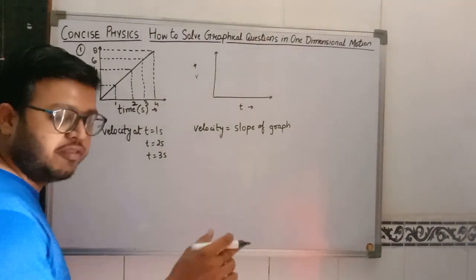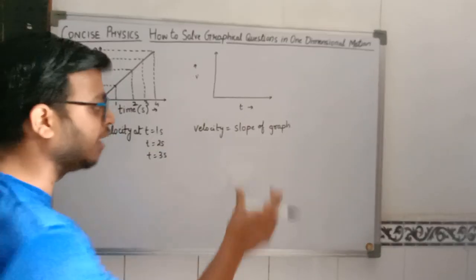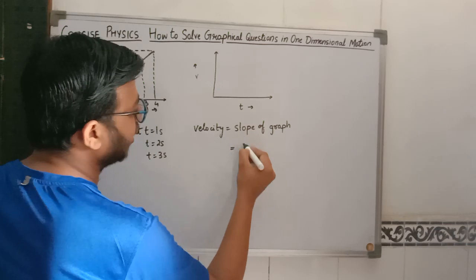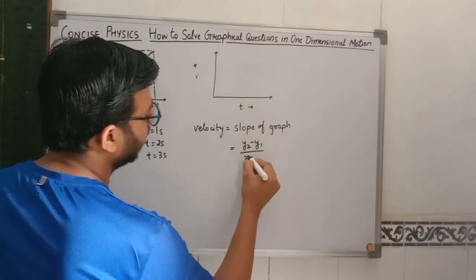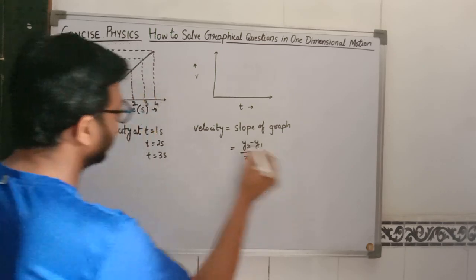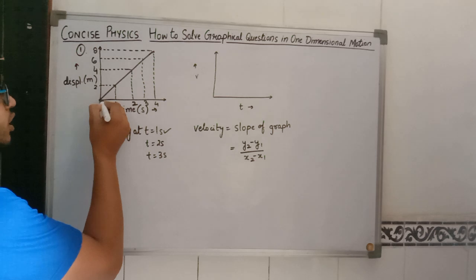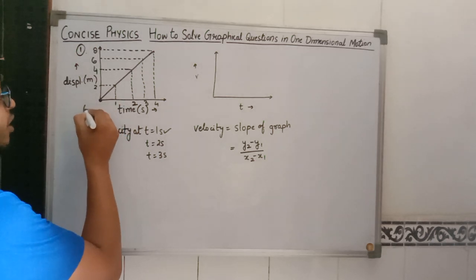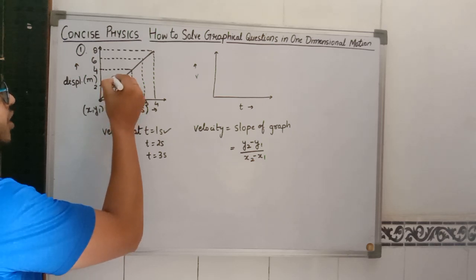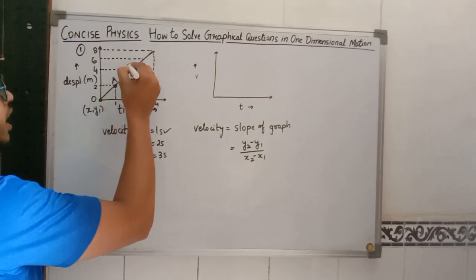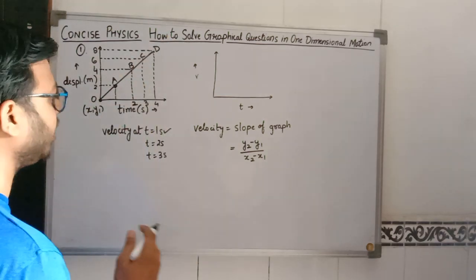So when we have to find the velocity with the help of a displacement time graph, then we have to find the slope, and the formula for slope will be y2 minus y1 upon x2 minus x1. So suppose we are talking about t equal to 1 second. Suppose we name the points O, A, B, C and D so that it will become very easy.